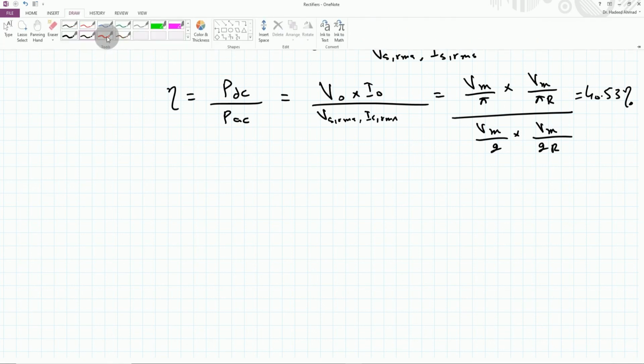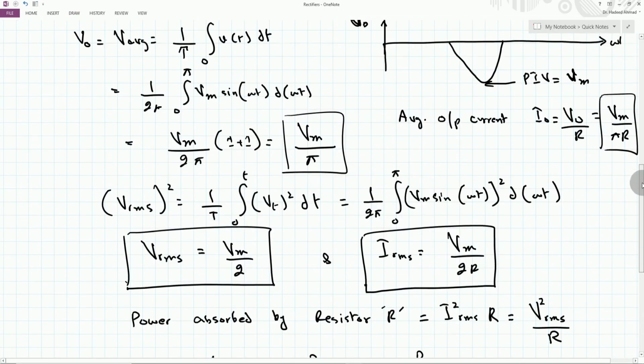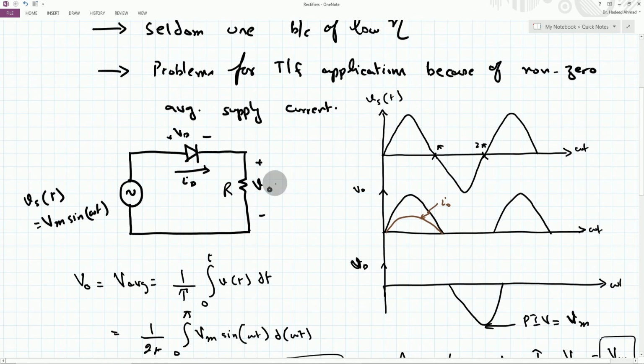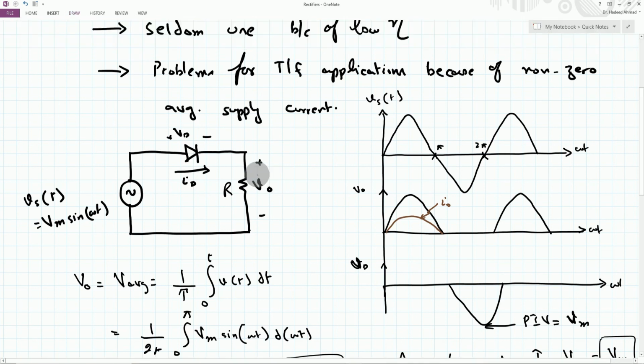Now let us move ahead and complicate the circuit by adding a different loading condition. Let's have a series R plus L load instead of only a resistive load, because these types of resistive loads seldom exist in the real world, and for most practical applications these resistances are in fact a representation of power factor corrected loads.